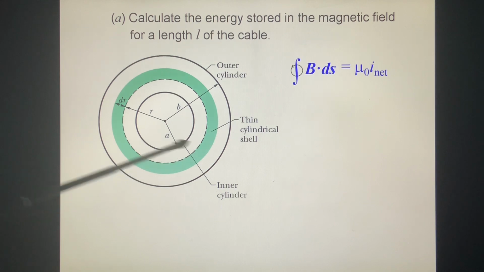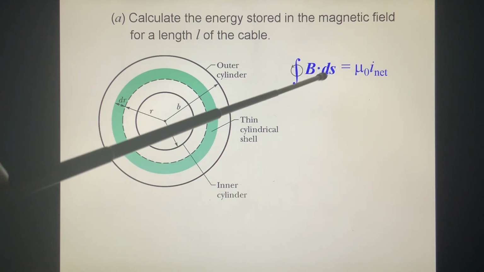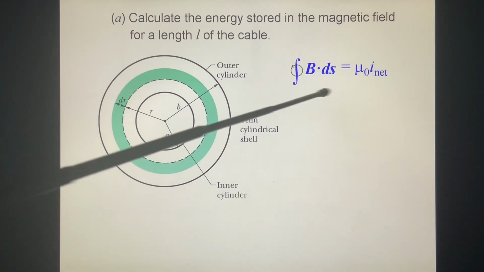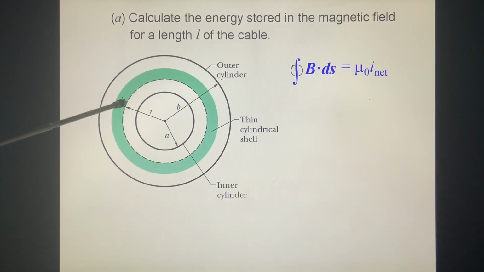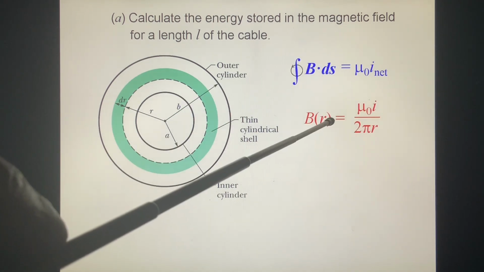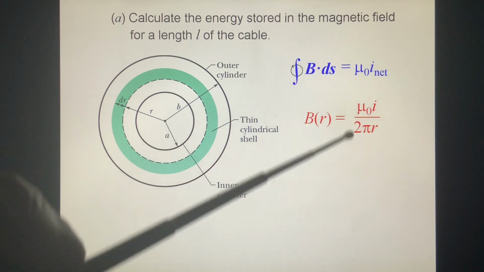We use Ampere's law, the integral of B dot ds equals mu 0 I. Now we take a special case, the location is r, the thickness is dr. The B at this point in this very tiny area is B times 2 pi r.